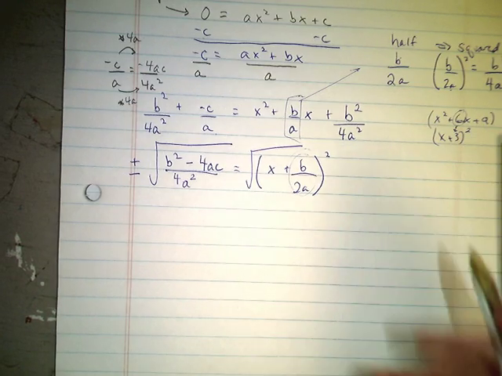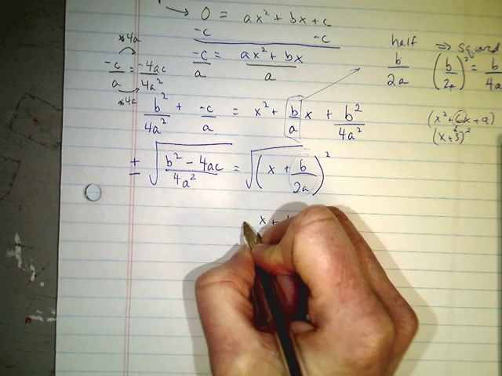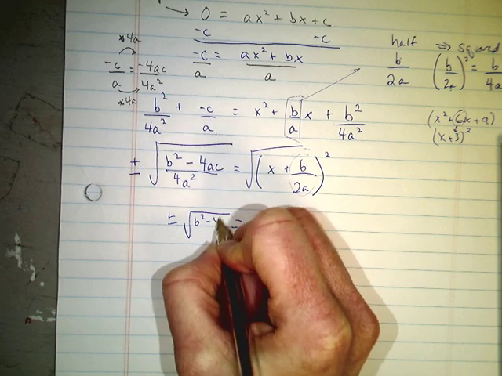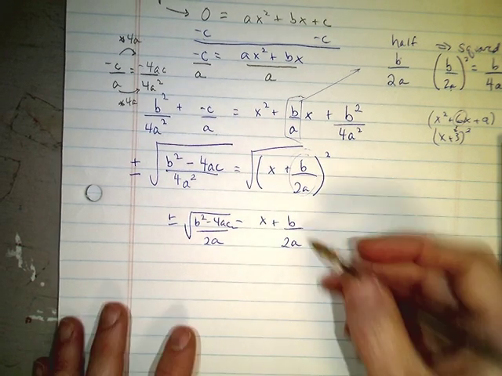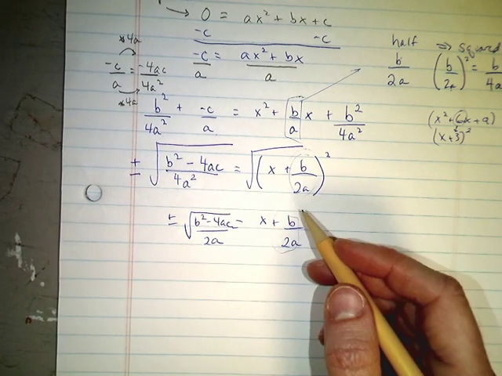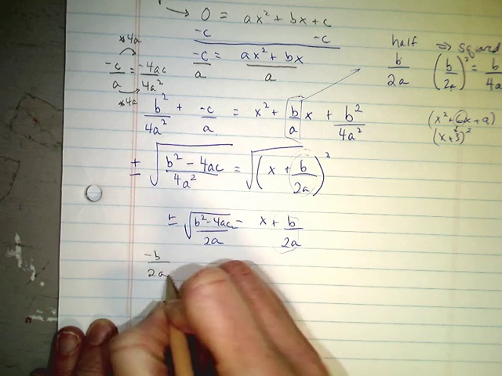So I now have x plus b over 2a equals plus or minus the square root of b squared minus 4ac all over 2a. Then I'm going to subtract this, so I have negative b over 2a.